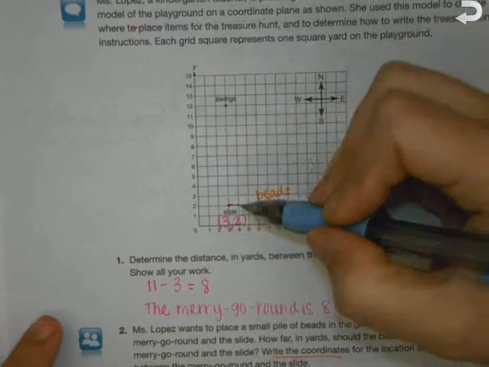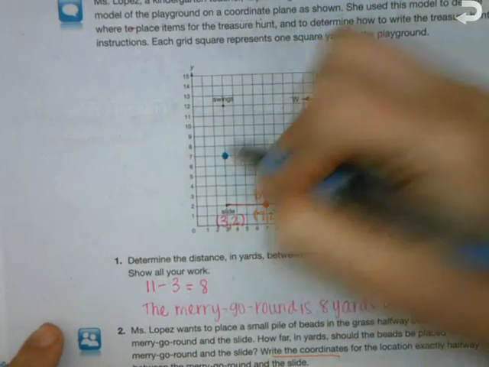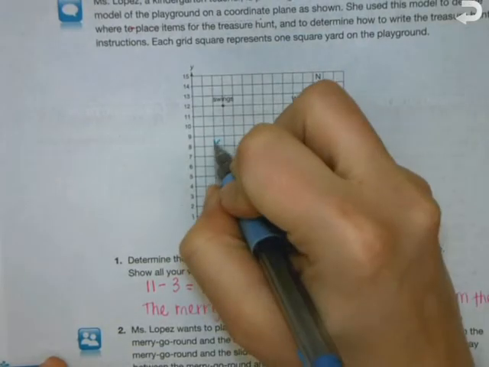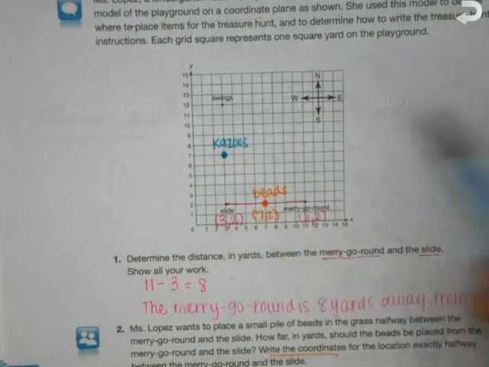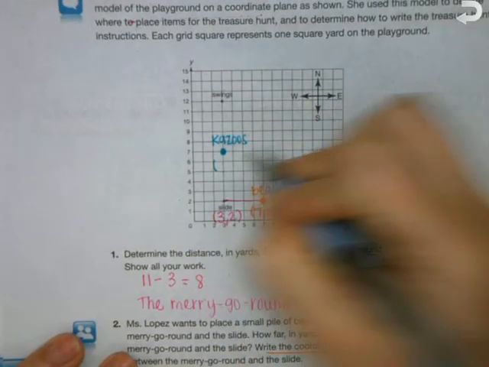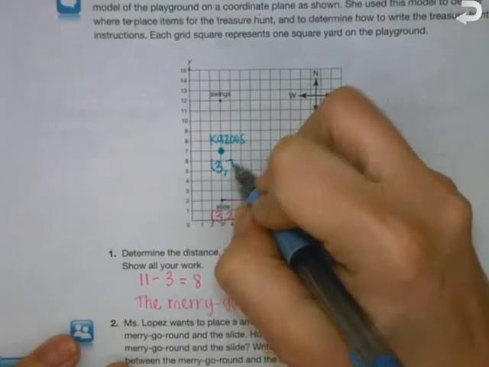So that means I'm going to go up 1, 2, 3, 4, 5. Let's label it kazoos. What are the coordinates of that point? 3, 5? 3, 7. So the coordinates are going to be 3, 7.